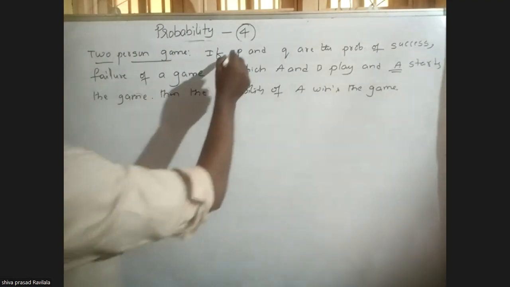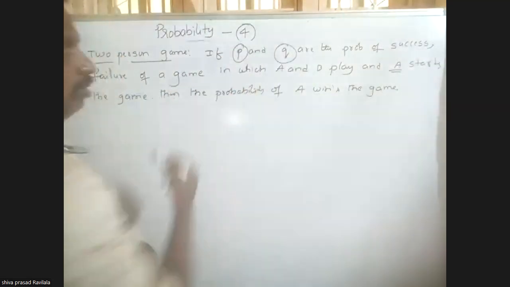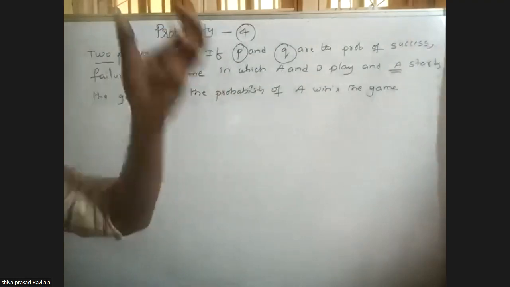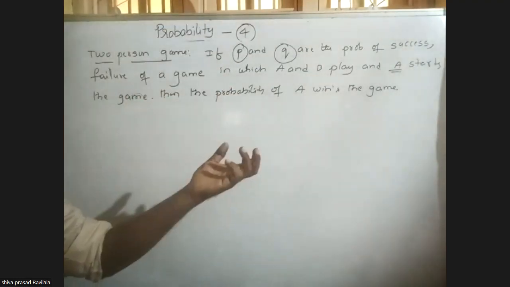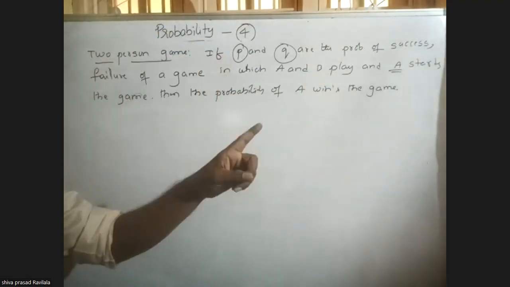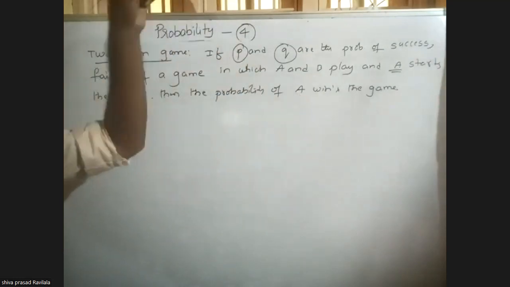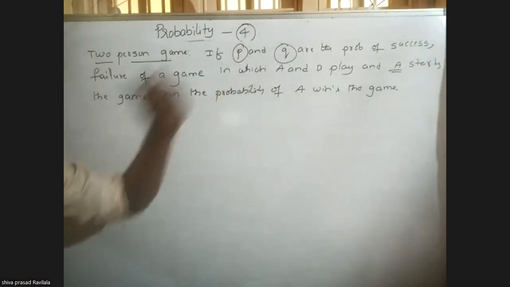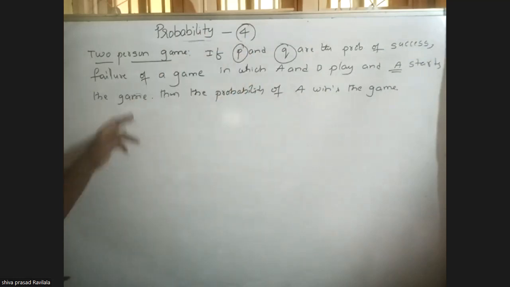In this condition, P is success case and Q is failure case. For example, a die is thrown. Getting 3 is success case. Remaining all are failure case. Getting 3 can be done in only 1 way, 1 by 6. Success case P is 1 by 6 and failure case is the remaining 5, 5 by 6. P is equal to 1 by 6 and Q is equal to 5 by 6. Then find the probability of A wins the game. Can anybody tell?